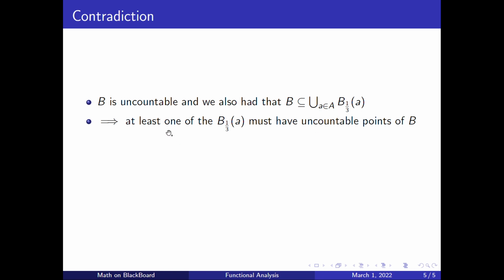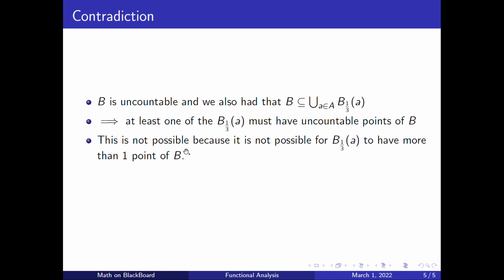So we conclude that at least one of these sets B 1 by 3 of a must actually have an uncountable number of points of B. But then this is again not possible, because we just showed that if there is one point x of B that belongs to a particular set B 1 by 3 of a, you cannot have a distinct point y which is not equal to x belonging to the same set.